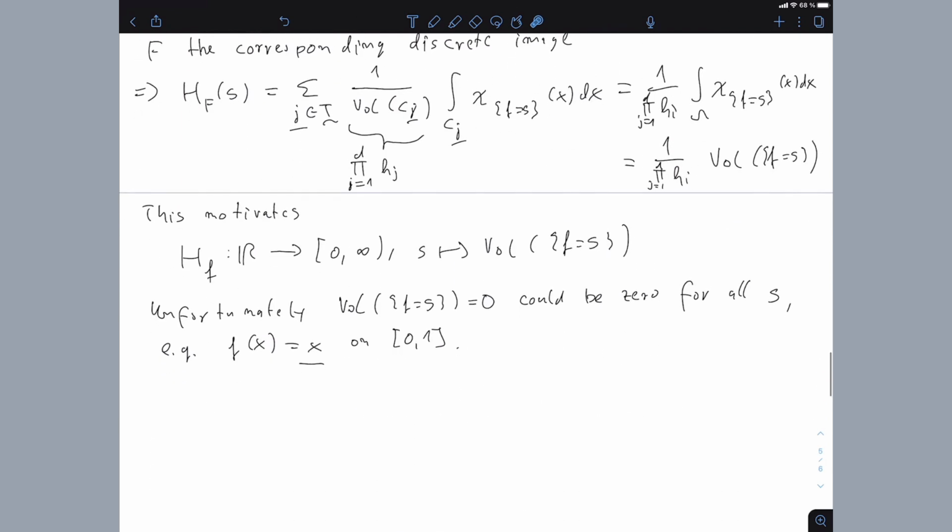Okay, good. So we have a problem now. This function cannot express the histogram of these kind of images, and unfortunately, no function can. So we need something that is more general than a function to describe what the histogram of a continuous image is.